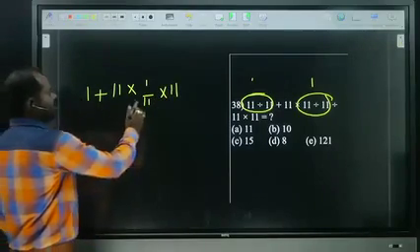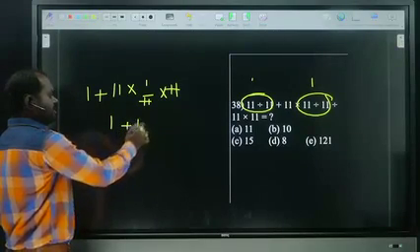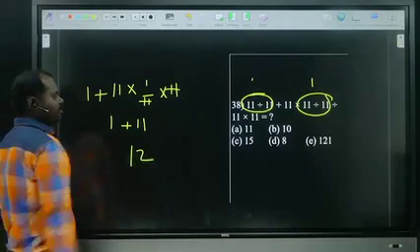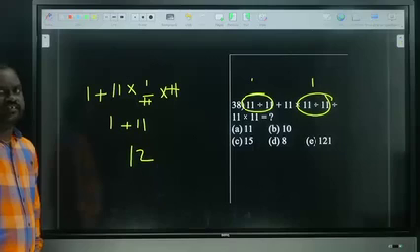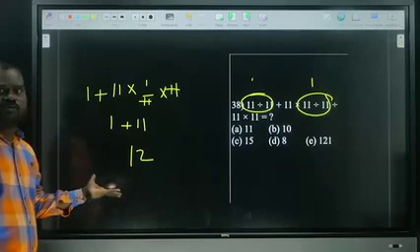Now 11, 11 cancel. 1 plus 11, how much? 12. Exact answer is only 12. It is not an approximate answer.